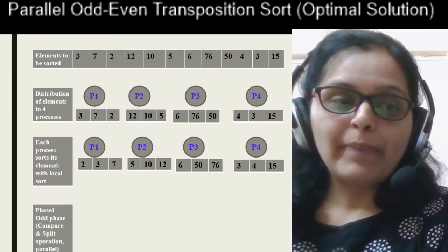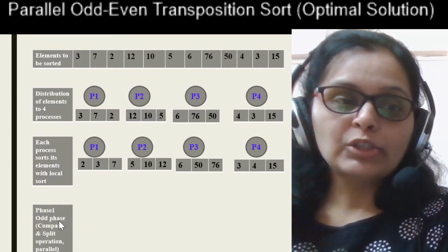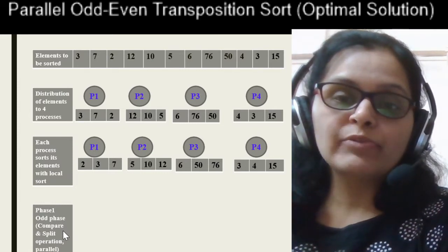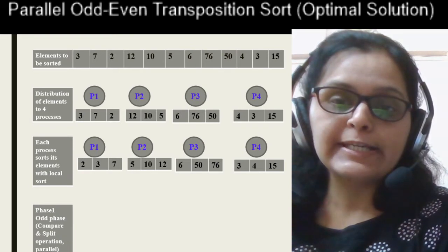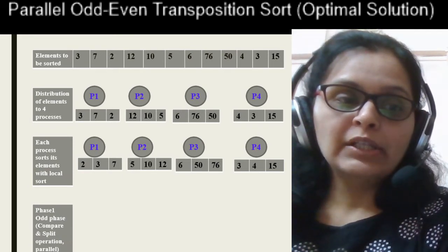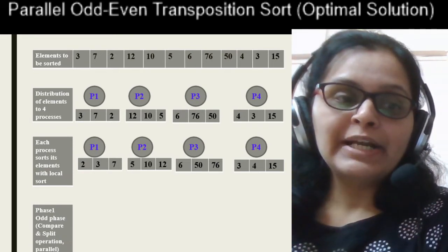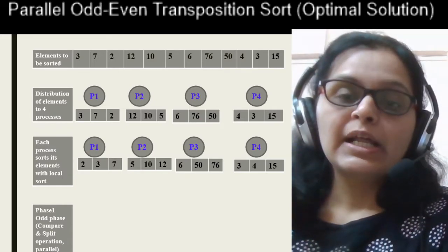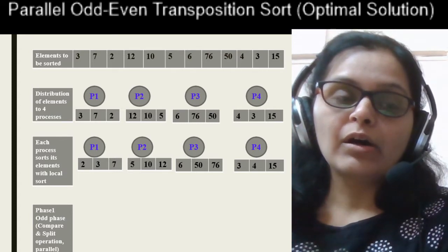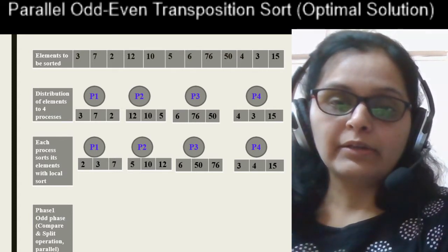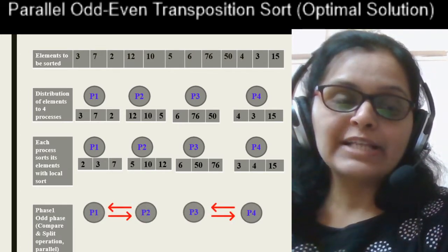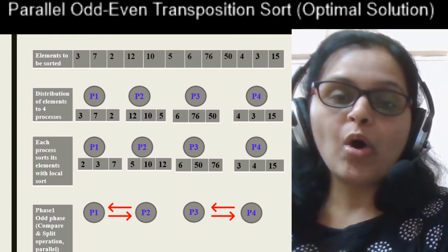See, phase 1, that is the odd phase. So how phase 1 will take place, just see. In phase 1, compare and split operations are done by the processes labeled with odd indexes. I will show you. Now concentrate only on phase 1. So I am starting with the odd phase.